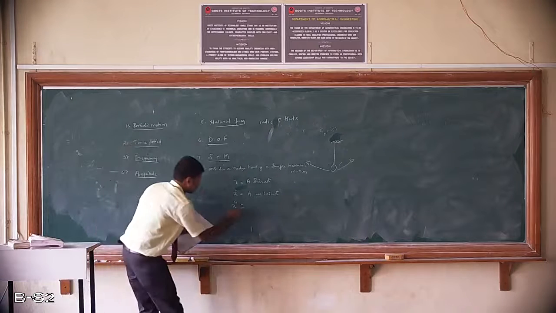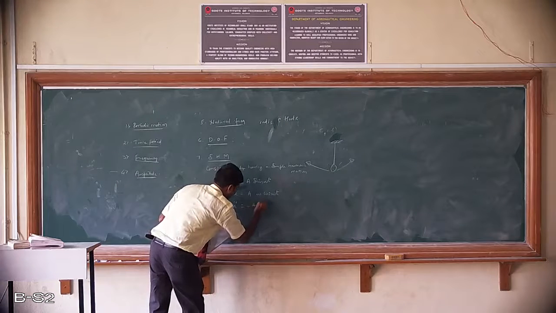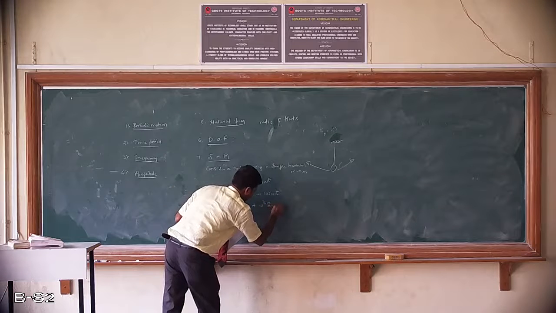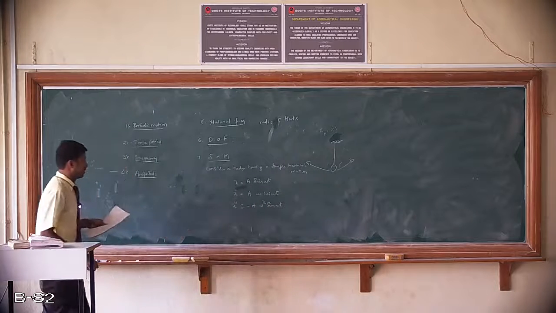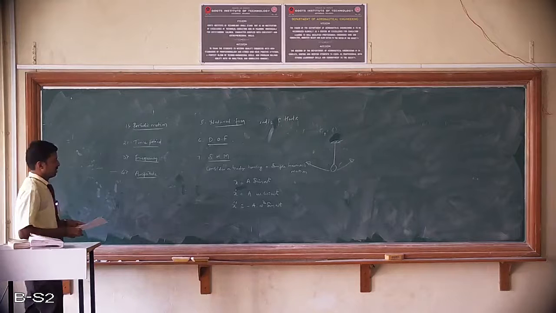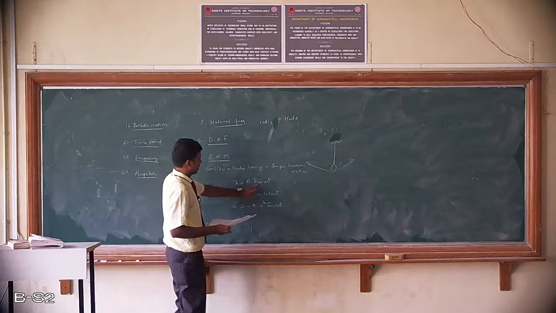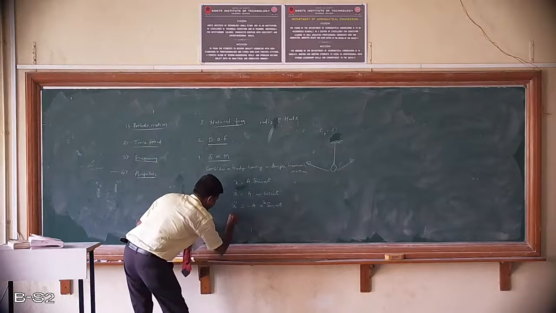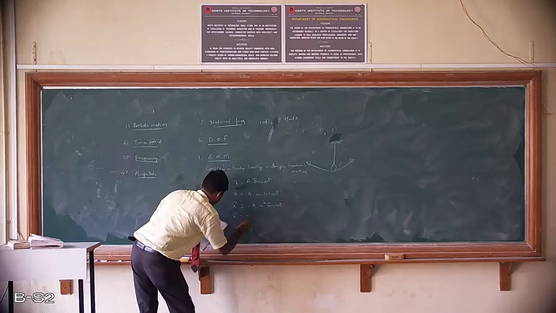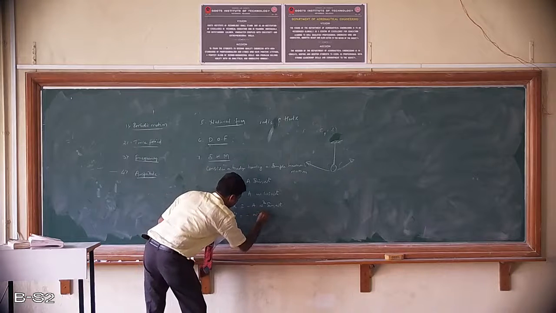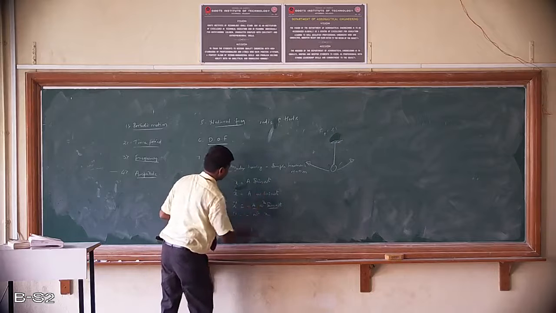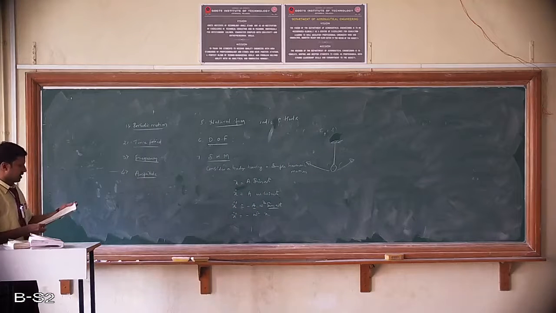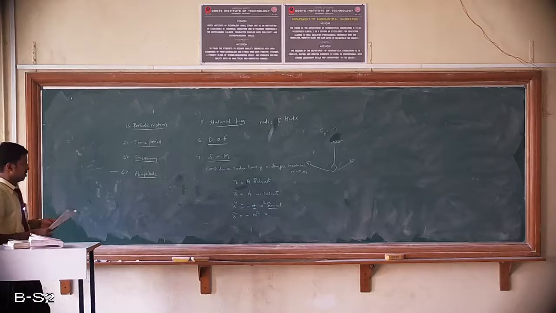So it is minus a omega square sine omega t. But we know that a sine omega t is x. So replacing a sine omega t, x double dot is equal to minus omega square x, because a sine omega t is nothing but x.